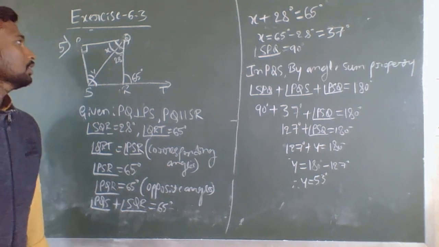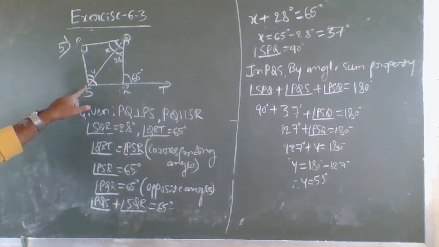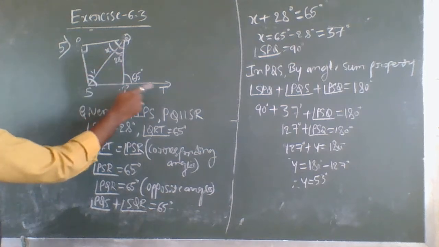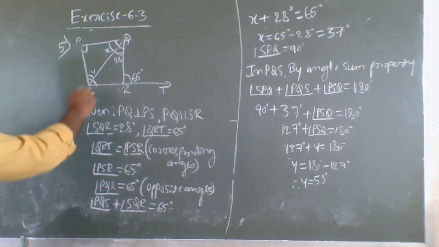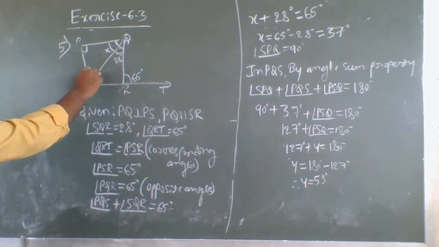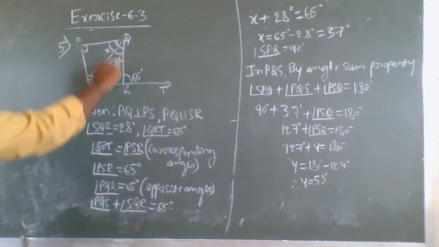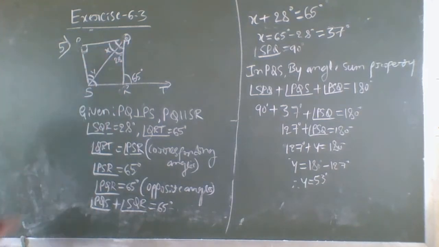So here they ask to calculate x and y values by using corresponding angles. Here I considered angle PSR is equal to QST. So this is also 65 degrees, 65 degrees, and this angle and angle PQS, PQR both are equal because these are opposite angles.